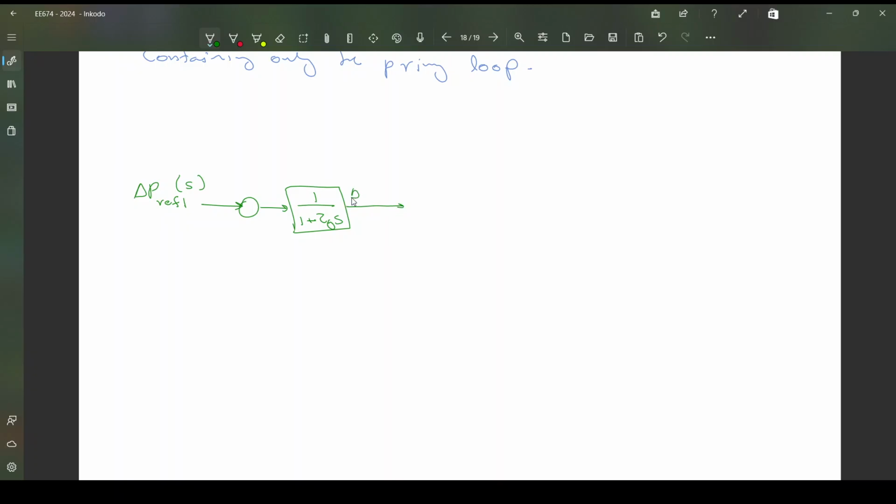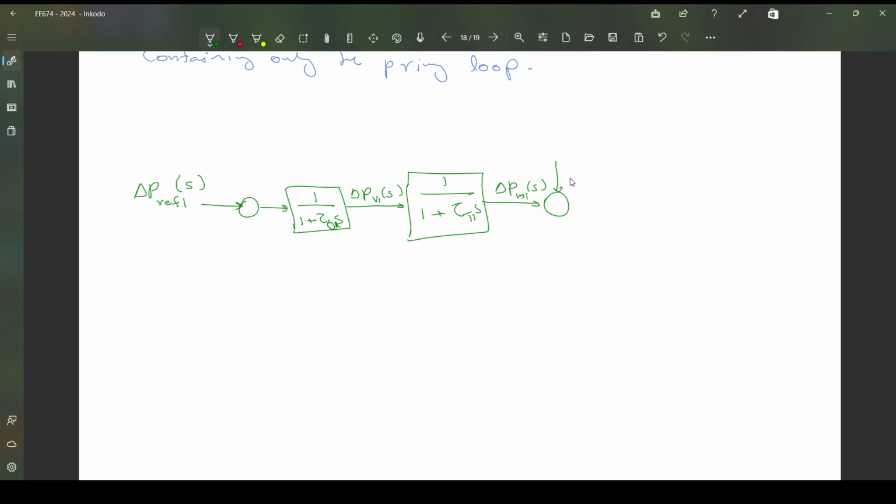So here you will get delta P V1 s, and then 1 over 1 plus tau T1 s. Let's say G1 is for area 1, this is T1 s, and then here you will get delta PM1 s.